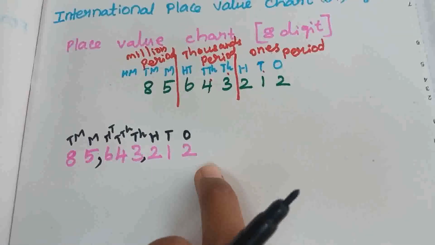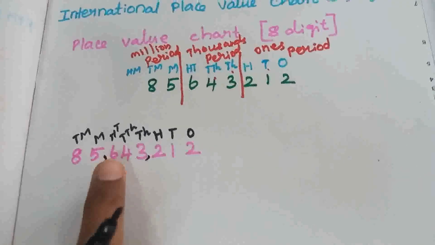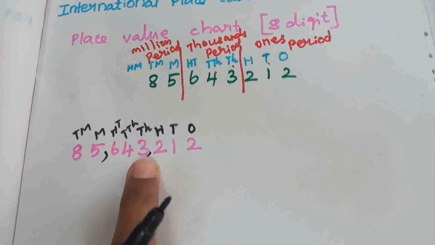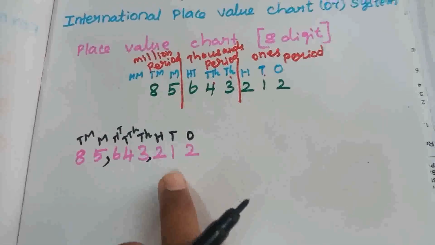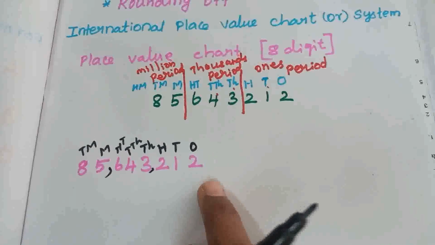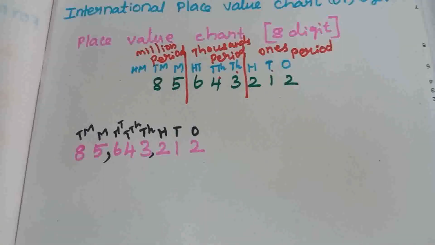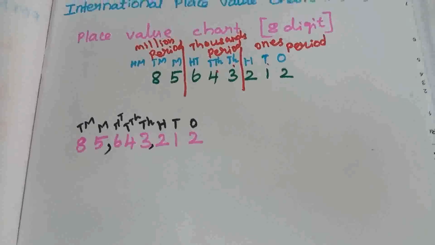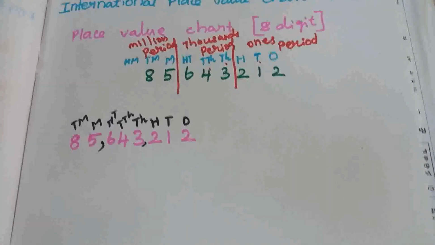85,643,212. I am going to read it one more time: 85,643,212. So this is a way to read the numbers with the help of the international place value system. Next I am going to write the number names with the help of the international place value system.